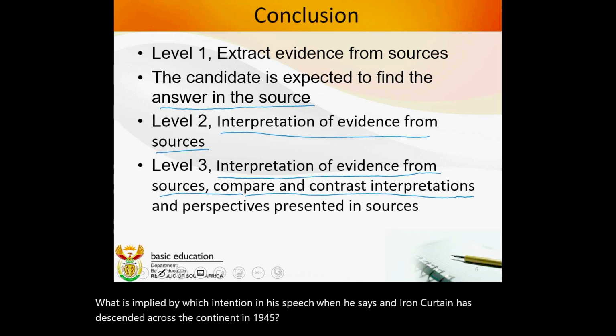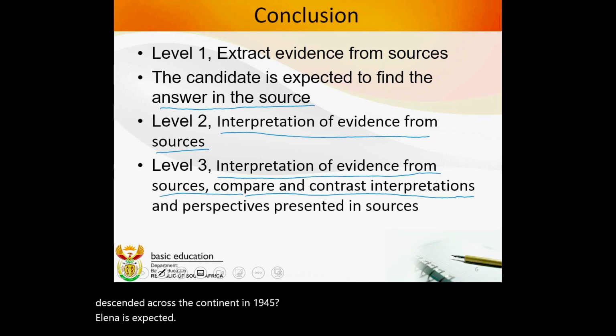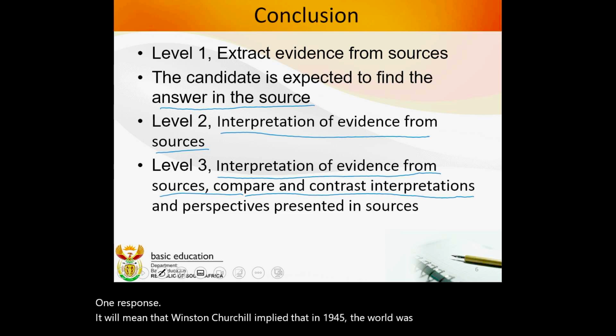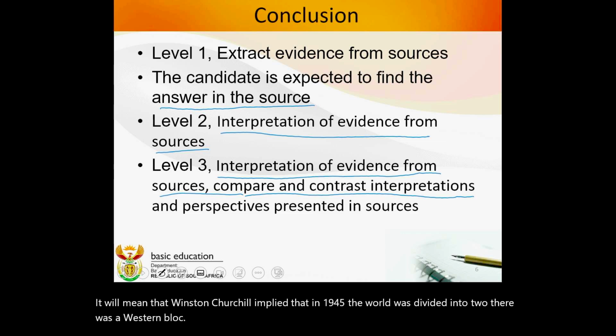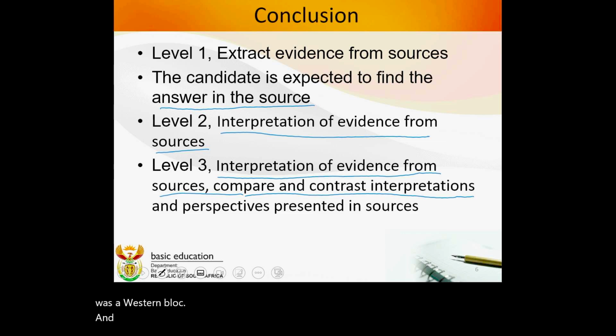A learner is expected to provide 2 responses. One response will mean that Winston Churchill implied that in 1945 the world was divided into 2. There was a Western Bloc and an Eastern Bloc. Then a learner will be able to score 2 marks in that particular response.